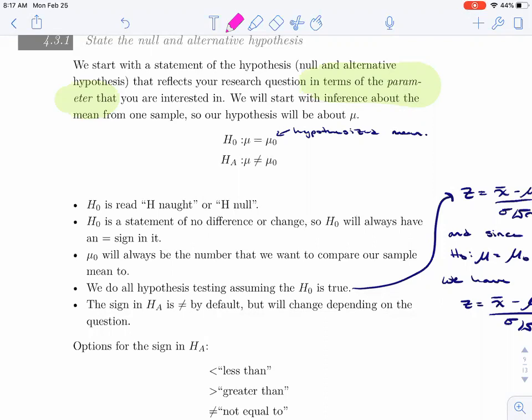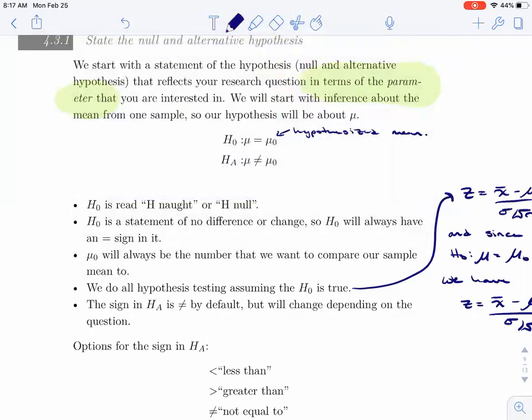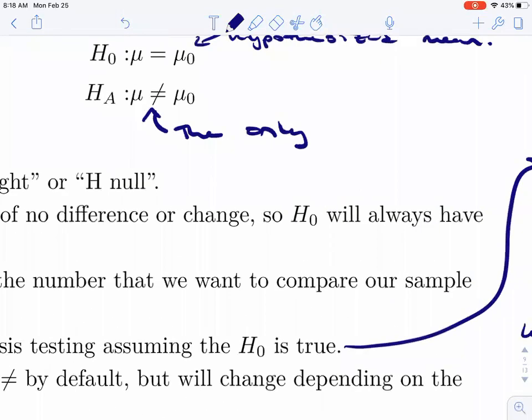What the? It was working. Come on. Oh, just a little sluggish. The only thing that changes, I'm not going to have very much room here.